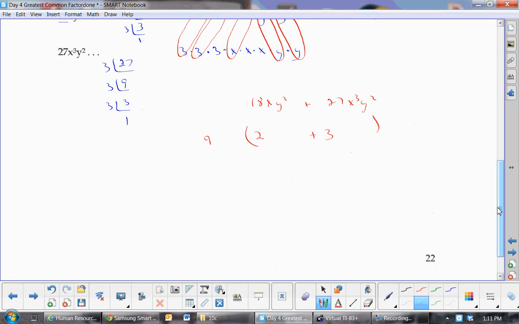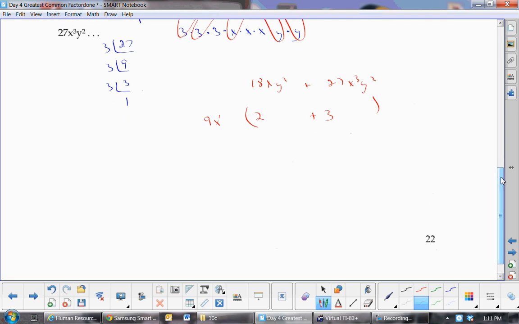Now, do the x's. What is the most x's they both have? 1. So you put an x to the 1 here. That would take the x out of the first term and leave me with x squared in the second one. Okay? Now, we've got y squared in both.